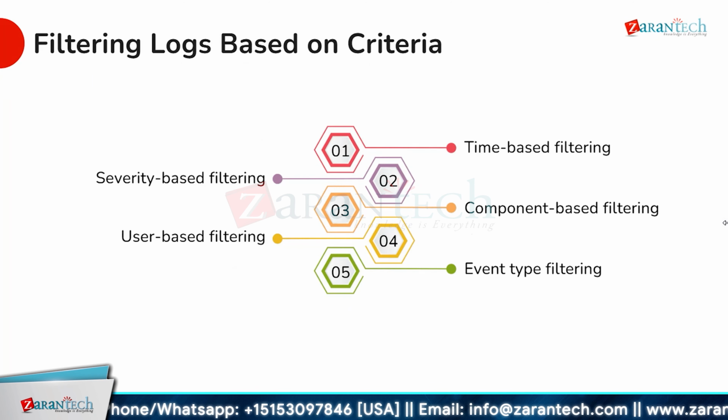Let us explore the best practices for filtering logs based on specific criteria. Time-based filtering is essential for narrowing down logs from a specific time frame. For example, if you're troubleshooting an issue that happened yesterday, you can filter logs from that day to save time. Severity-based filtering helps you focus on logs with critical or error messages.